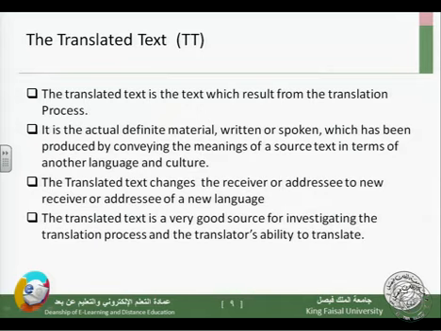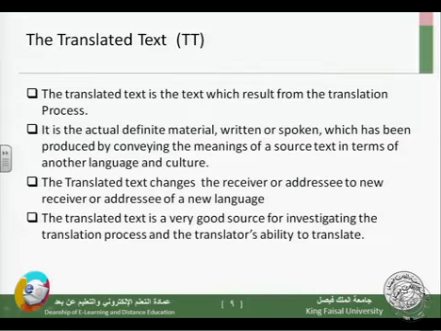The translated text changes the receiver or addressees to a new receiver or addressee of a new language. The translated text is a very good source for investigating the translation process and the translator's ability to translate. Very briefly, the translated text is the product, is what you see on paper.